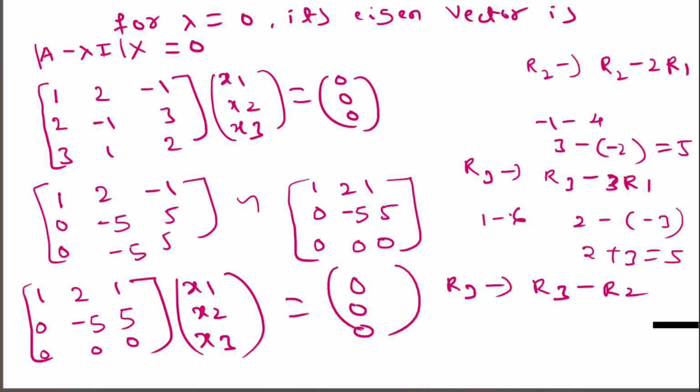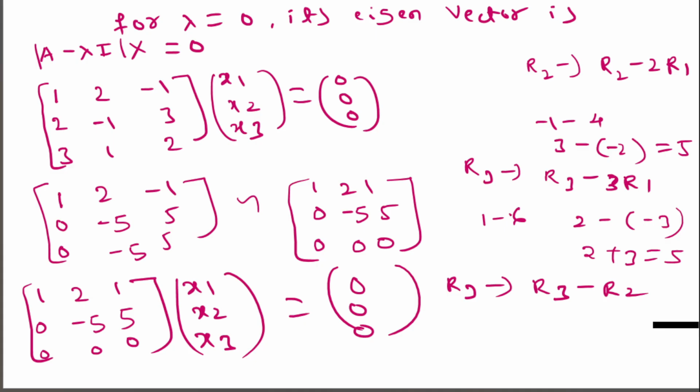Here, in the next slide I write the equations. The first equation is 1x1, 2x2, and we have to take this as minus 5x2 plus 5x3.